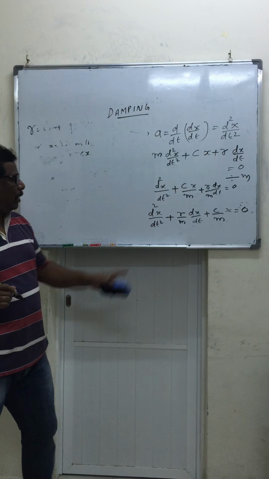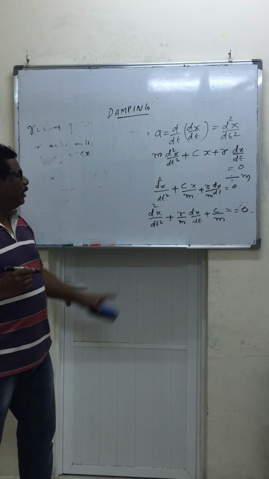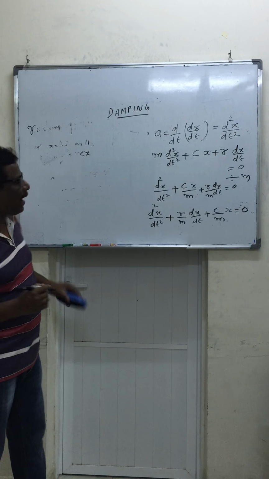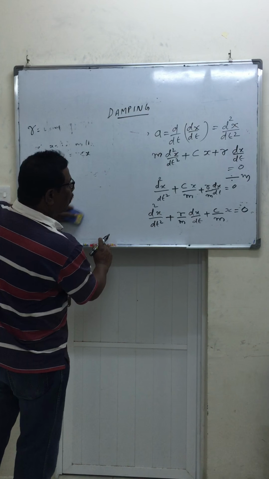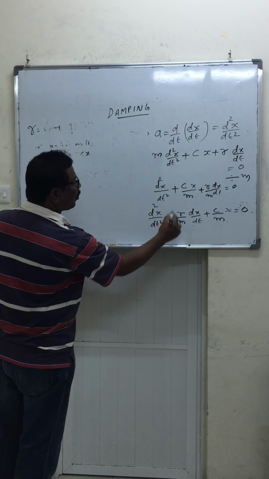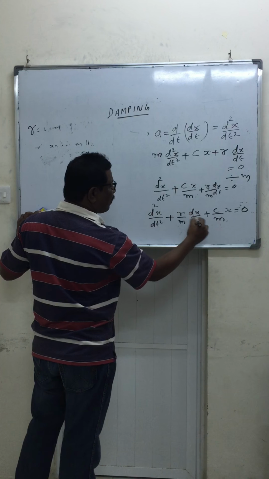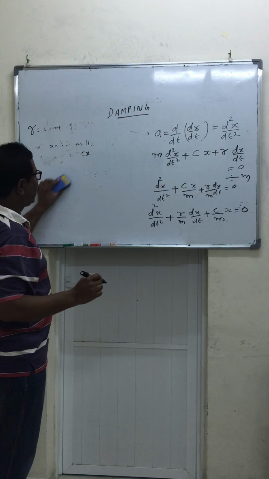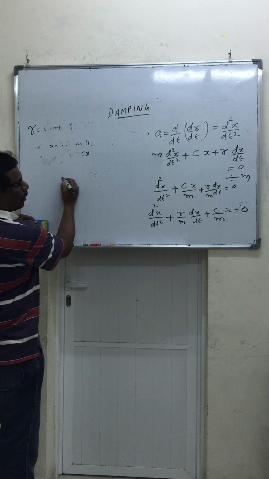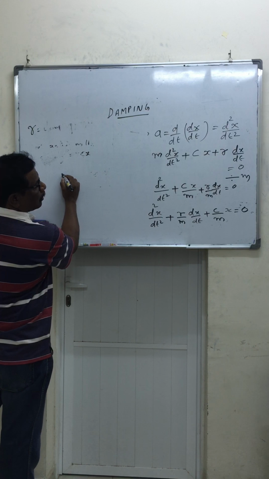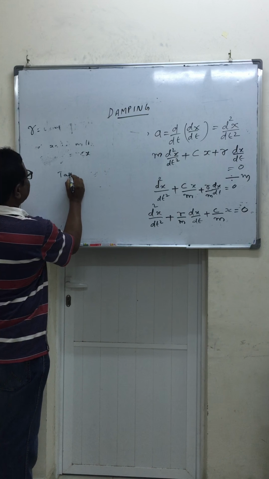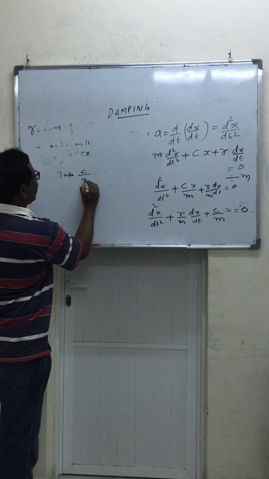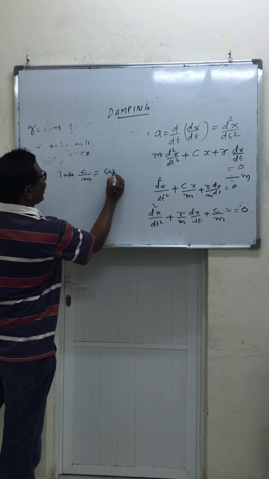Now I am giving one substitution. Instead of c by m, what I can do is take c by m equals omega naught square.